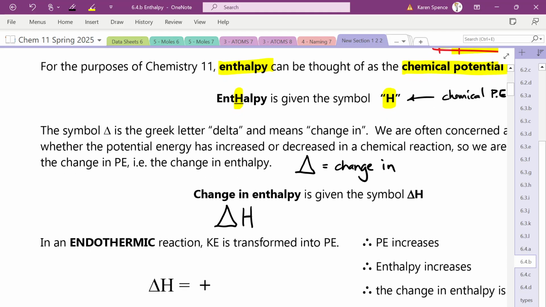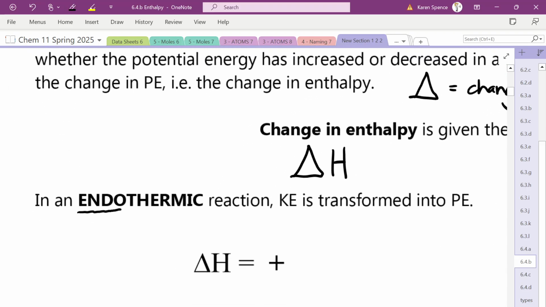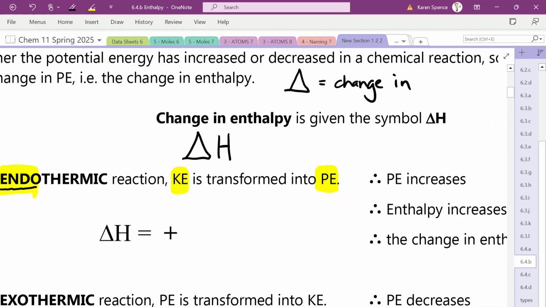So reminding ourselves, in an endothermic reaction, kinetic energy is transformed into potential energy. So what's going to happen is that the potential energy is going to increase.